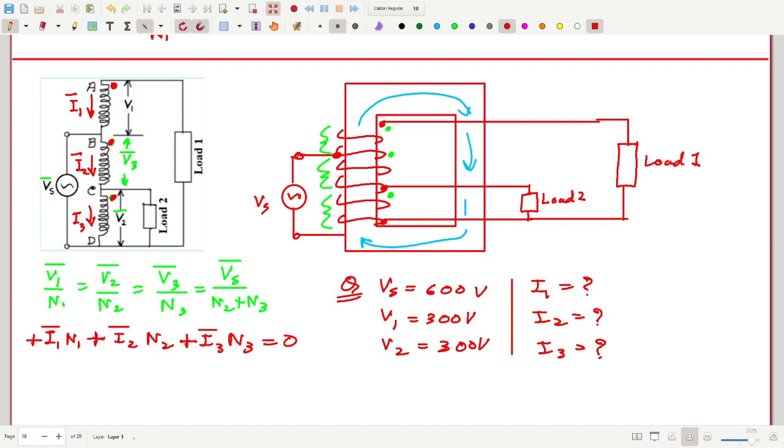Also load 1 consumes 700 kVA, and load 2 consumes 200 kVA, so this is given.